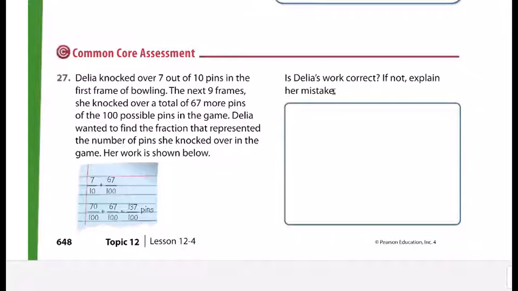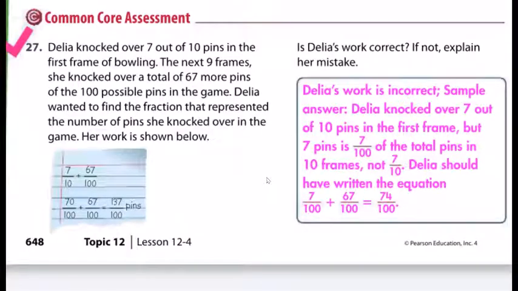Here, she made a mistake. Let's find out the mistake. Delia's work is incorrect. Why? Delia knocked over 7 out of 10 pins in the first frame, but 7 pins is 7 over 100, not 70 over 100.